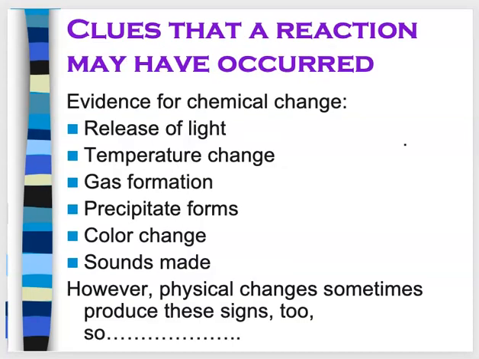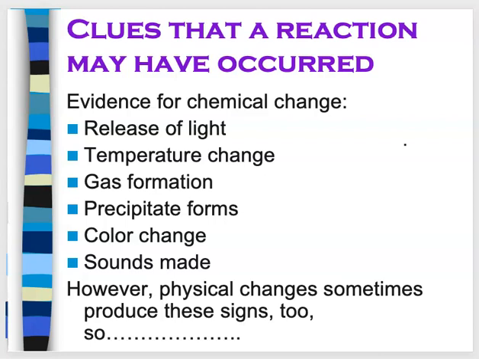All right, some clues might tell you that a chemical reaction has happened. Release of light. So if you set something on fire, for example, you're going to release some light. You'll also release some heat. That would be a temperature change. Chemical changes sometimes can get cold. Think of those chemical ice packs. Those are a chemical change that gets cold.